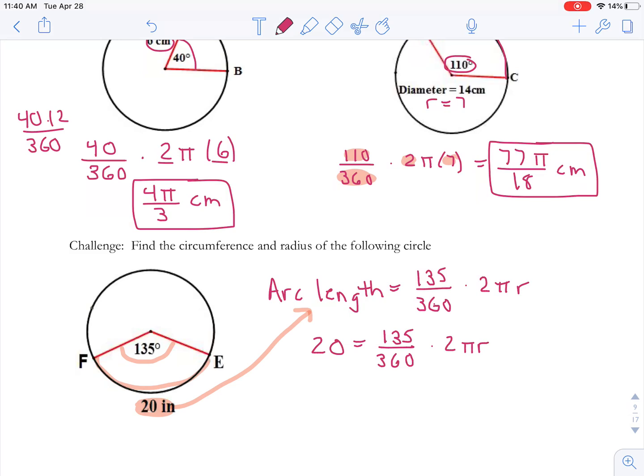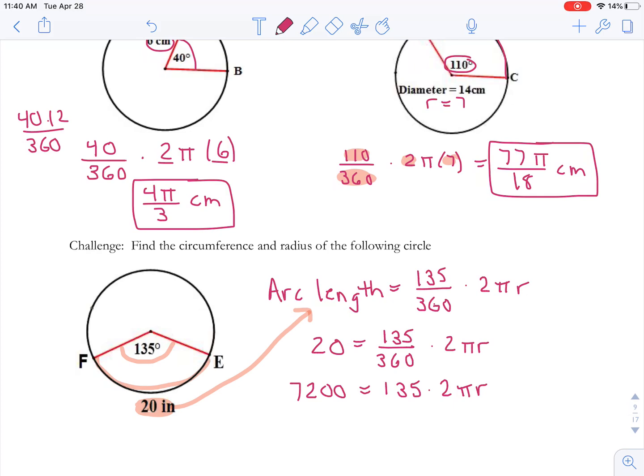Okay, I can do some multiplying here. I can do 20 times 360. I get 7,200, sorry. 135 times 2 pi r.